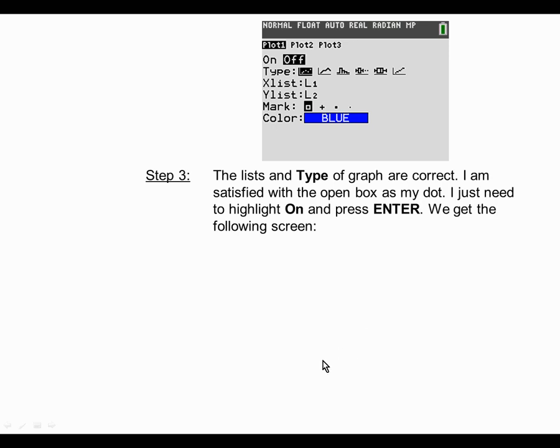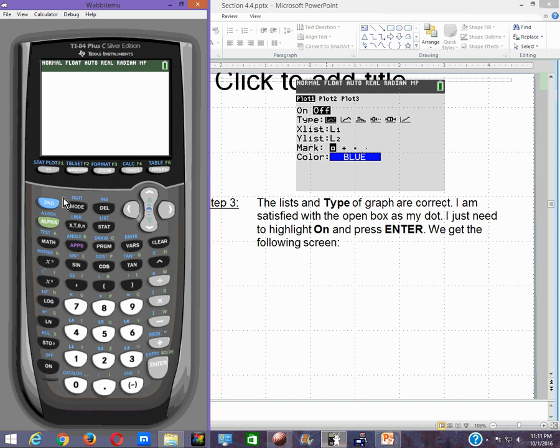So, to get caught up here. So, second, y equal to get stat plot. Press enter. On is flashing. Turn it on. Okay, everything I want is fine. So now all I have to do is graph. It will plot the points, and it will also draw my regression model.